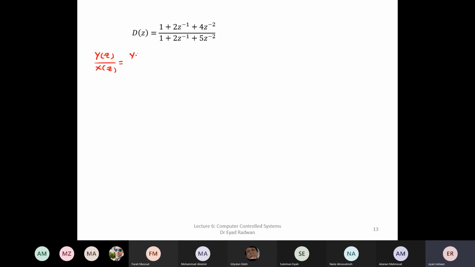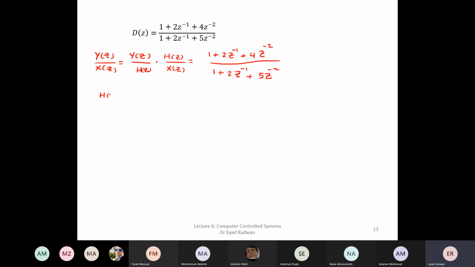I will write it as y of z over h of z, an intermediate function h of z, times h of z over x of z, and this will equal 1 plus 2z inverse plus 4z to power minus 2 over 1 plus 2z inverse plus 5z to power minus 2. Then I will split this into numerator and denominator terms.